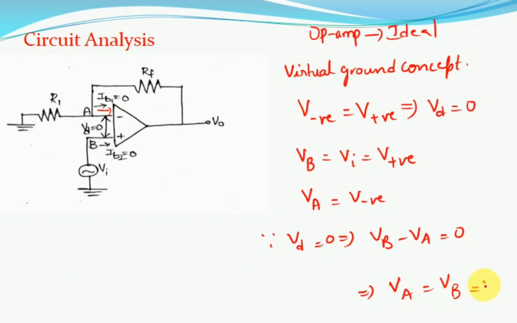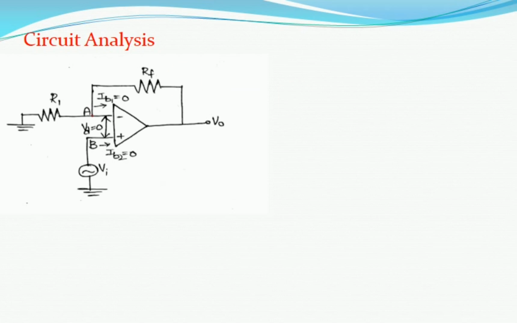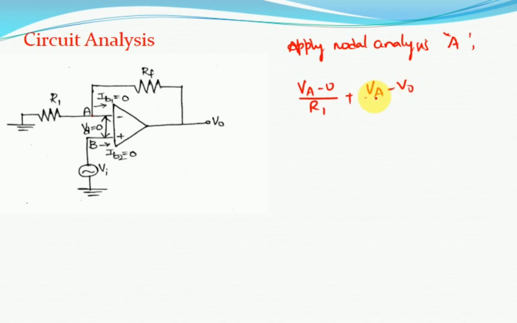Since Vb is the input signal, the node voltage at point A is Vi. Now apply nodal analysis at node A. We get (Va minus 0) by R1 plus (Va minus V0) by Rf is equal to 0.